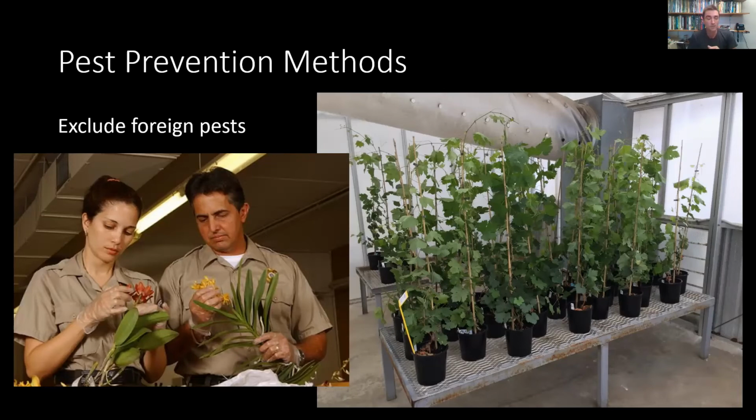So you can see the image on the left here is showing folks at some sort of a border checkpoint or crossing. It could be interstate or it could be a national boundary, and they are inspecting plant material to verify that no pests are either intentionally or unintentionally brought in.